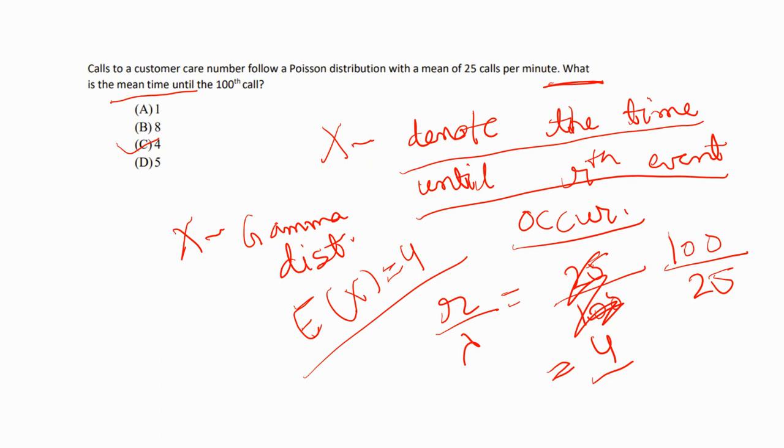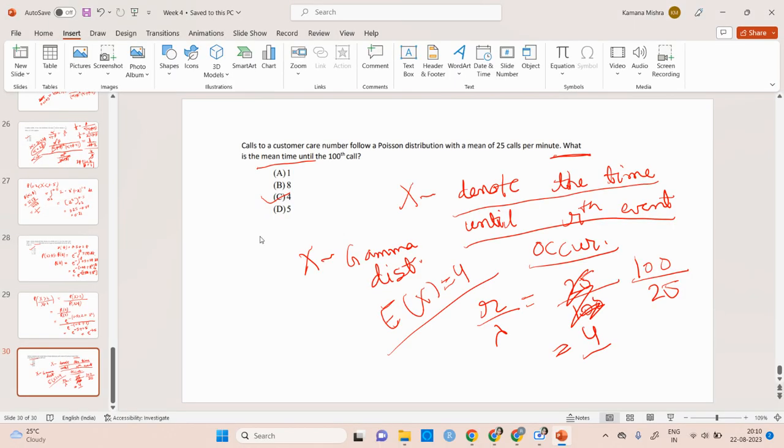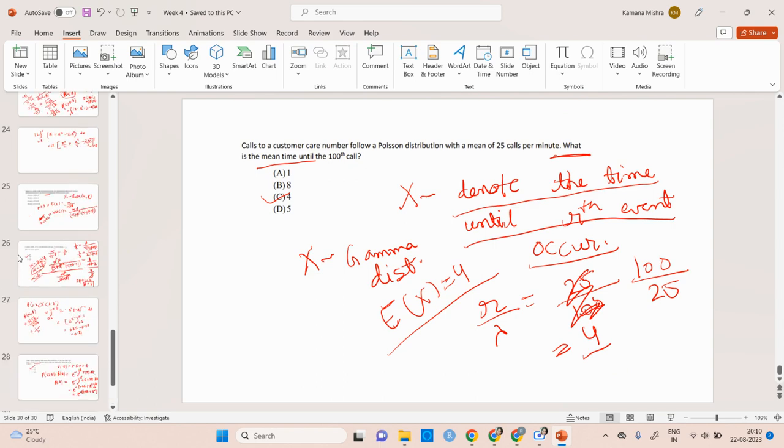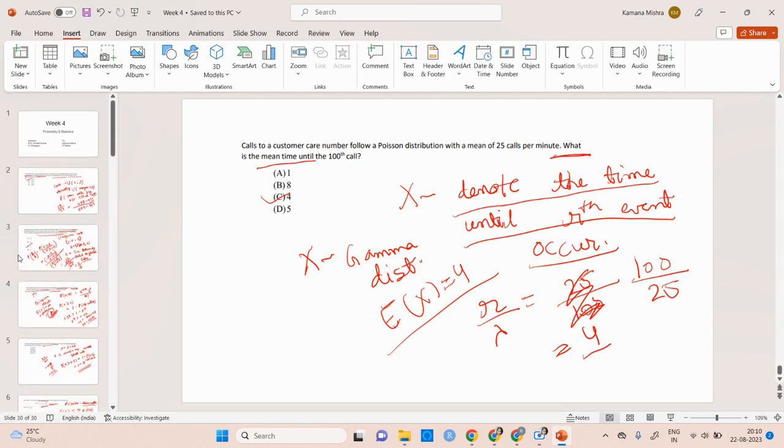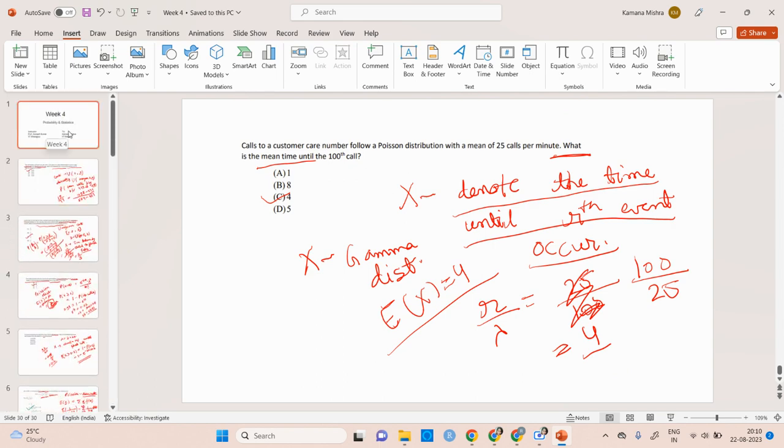So we have this many questions. Now if you have any doubts regarding this, or any doubts regarding the assignments you had submitted already, you may refer to the book if you want.